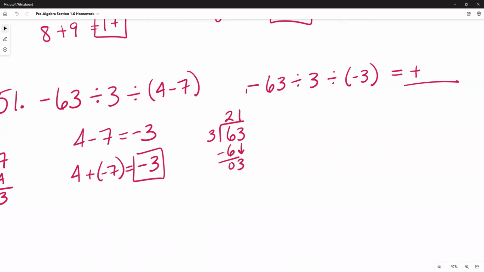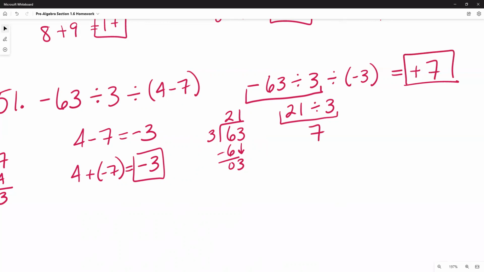There we go. So this part is 21 divided by 3. I'm ignoring my negatives. Ignore your negatives. That's why there's a plus sign on my answer bar, because I already looked at my negatives. Right. So our answer is, yeah, 7.